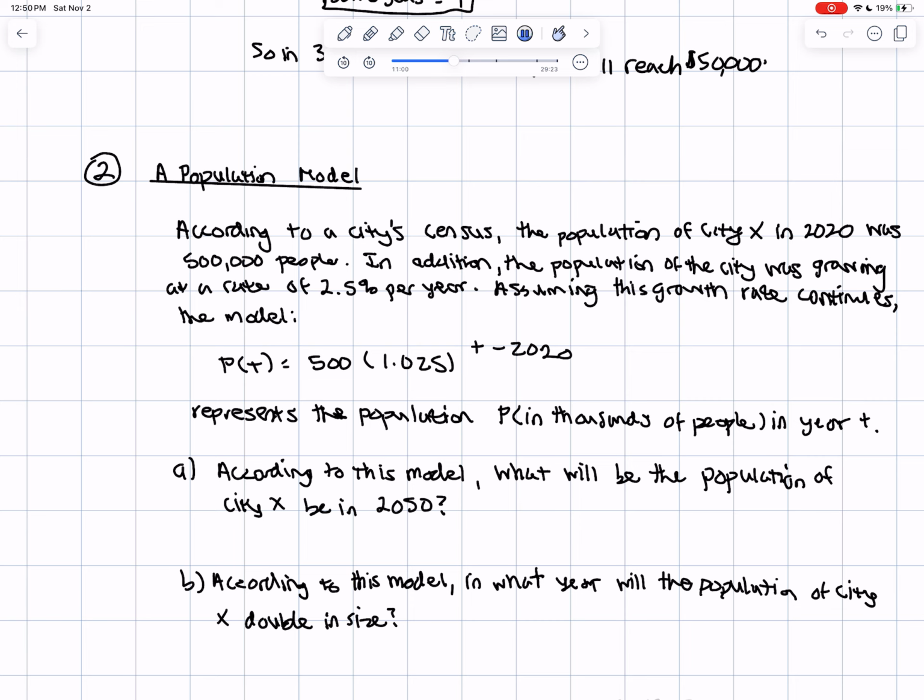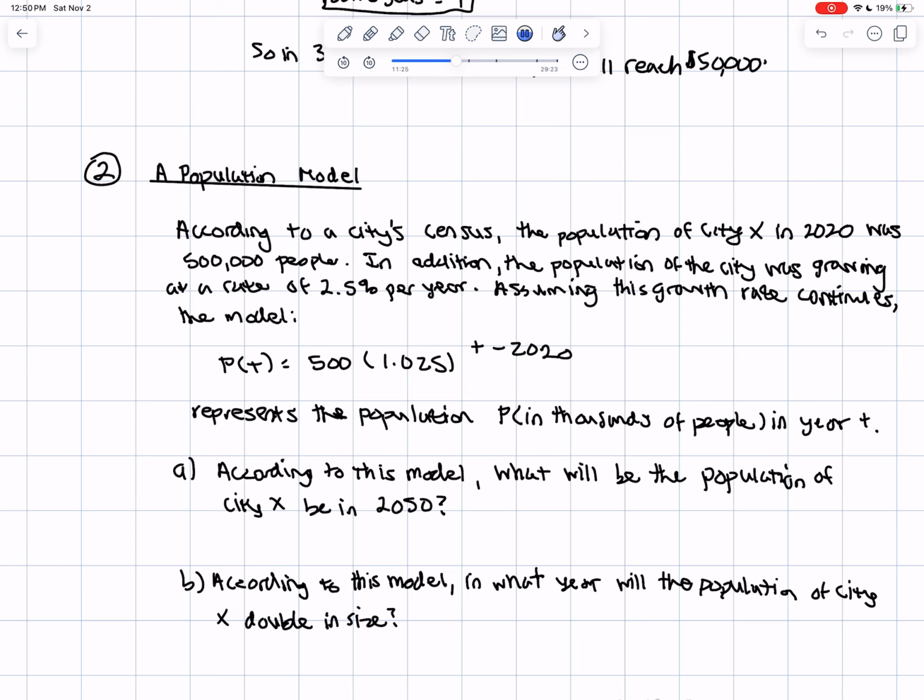Assuming the growth rate continues, the model P of T equals 500 times 1.025 raised to T minus 2020 represents the population P in the thousands of people per year T. According to the model, what will be the population of the city in 2050? And according to the model, in what year will the population of the city double in size?